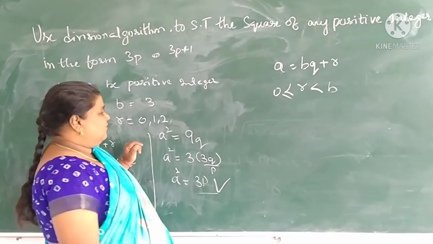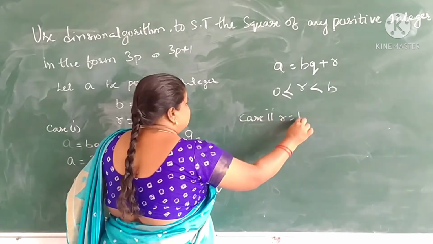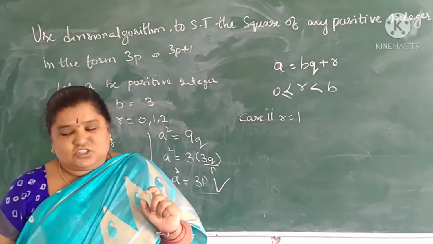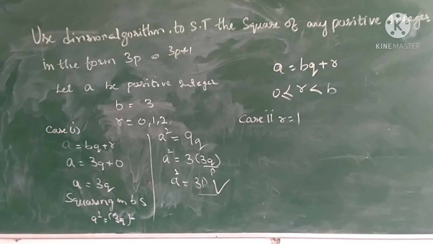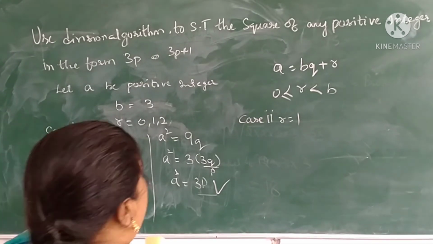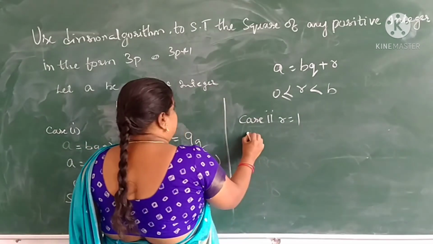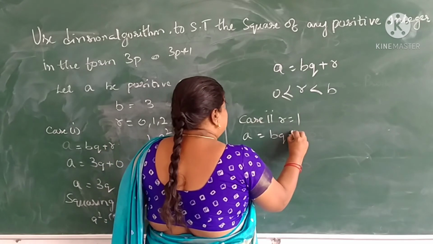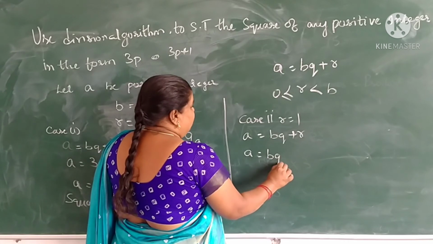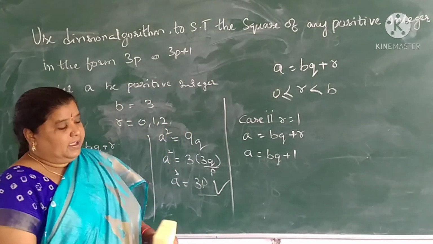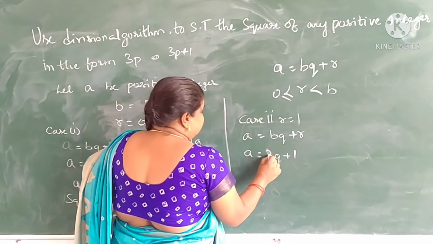Case 2, when r is equal to 1. So a is equal to bq plus r. So a is equal to 3q plus 1, where b we know is 3.